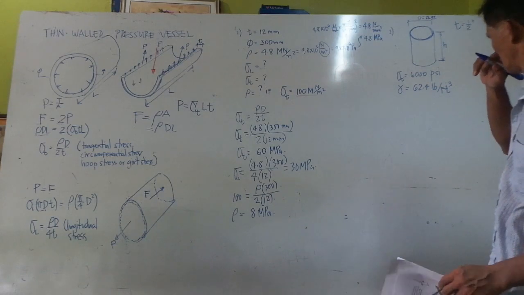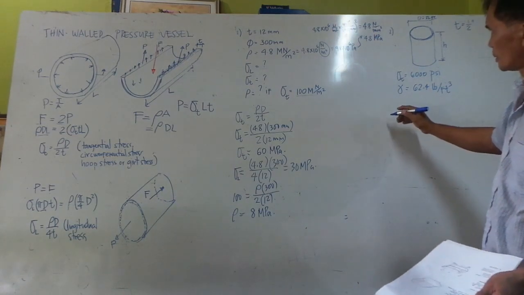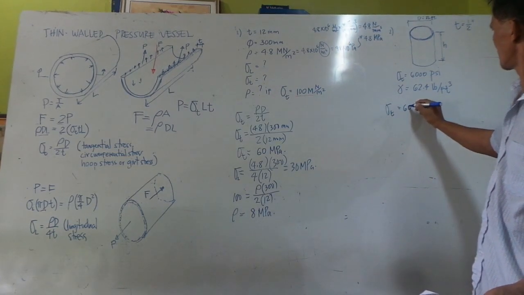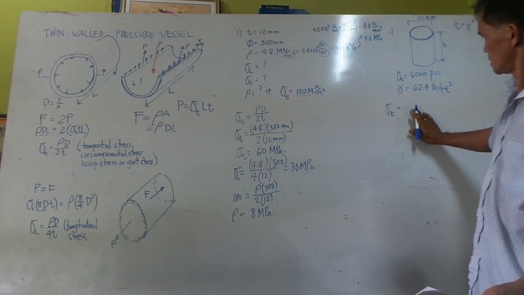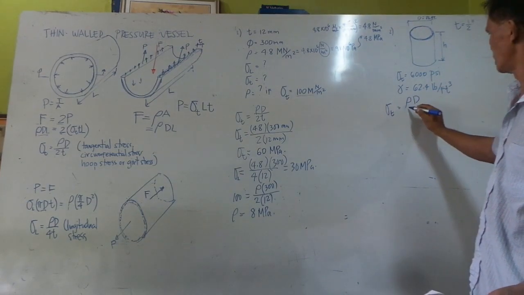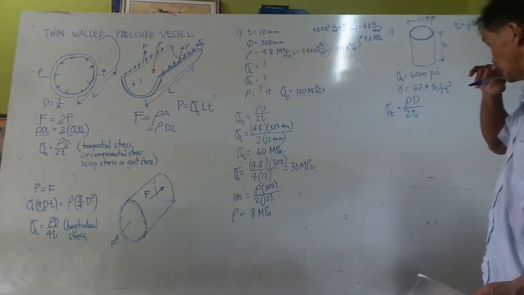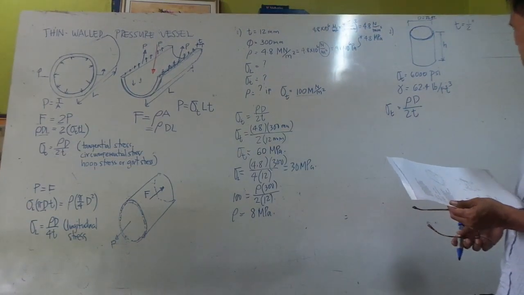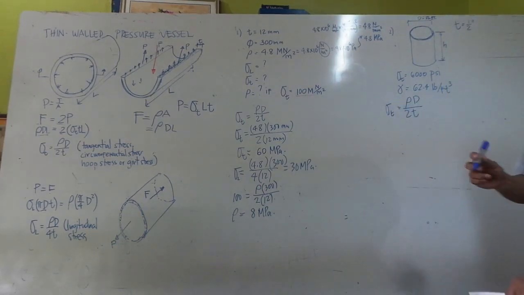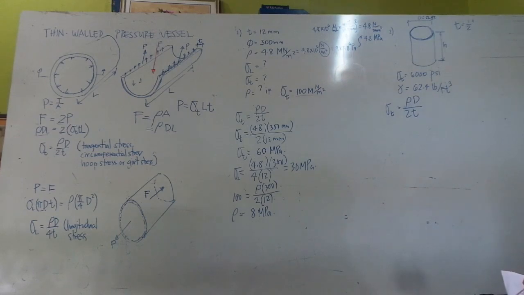So from our formula, the stress equals 600, which is PD over 2T. You have to determine the height of the water. Now, take note, if we go directly to this formula, we cannot get the height. Where can you find your height?